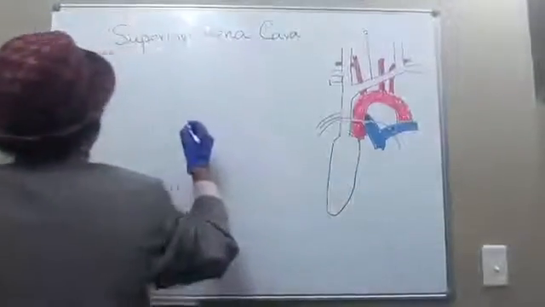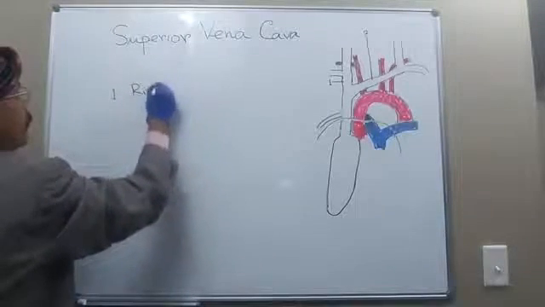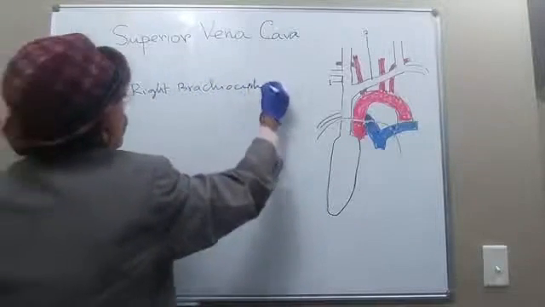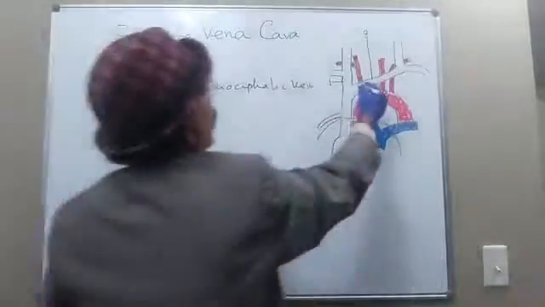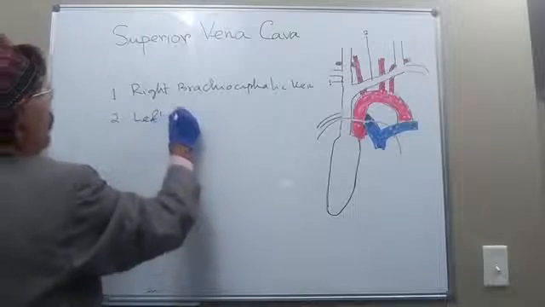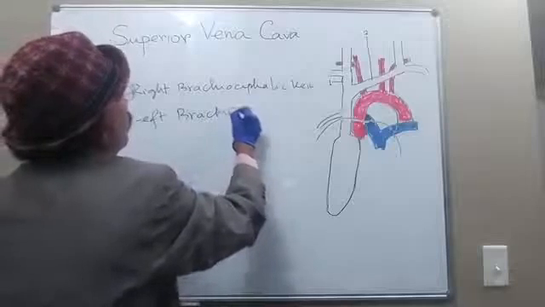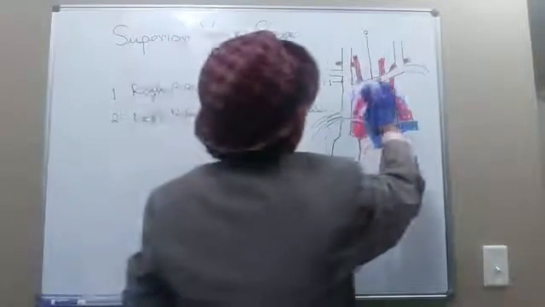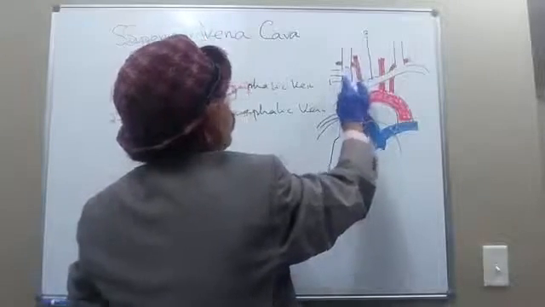Number 2, left brachiocephalic vein. The SVC is formed by the union of these two veins.